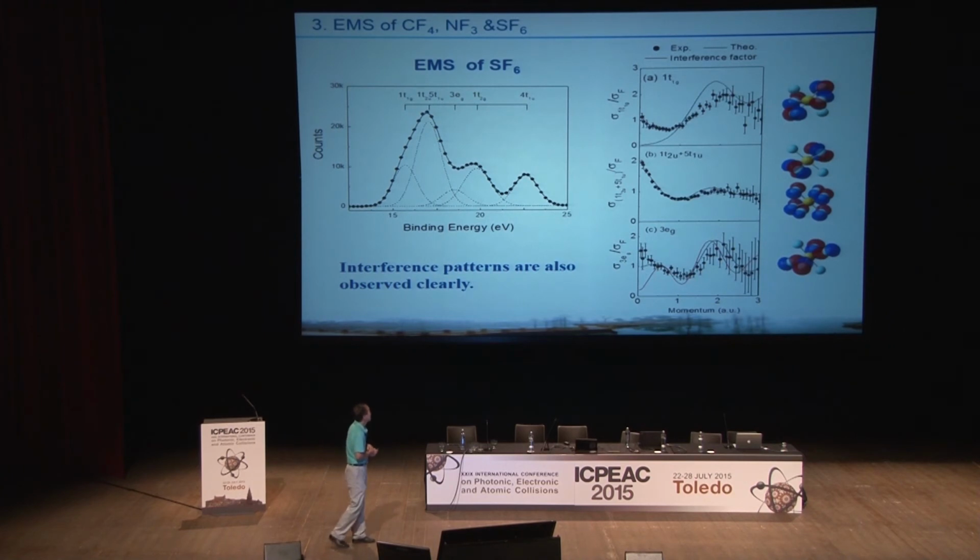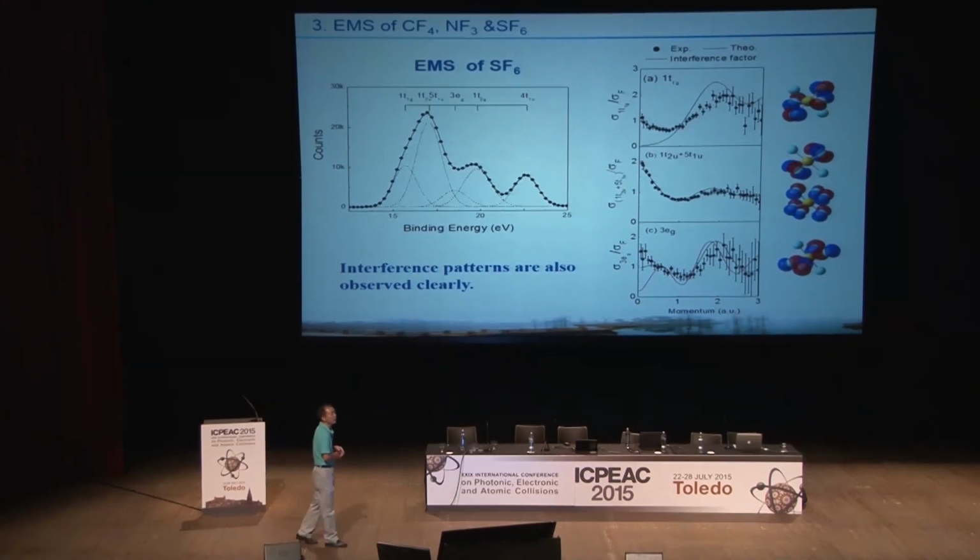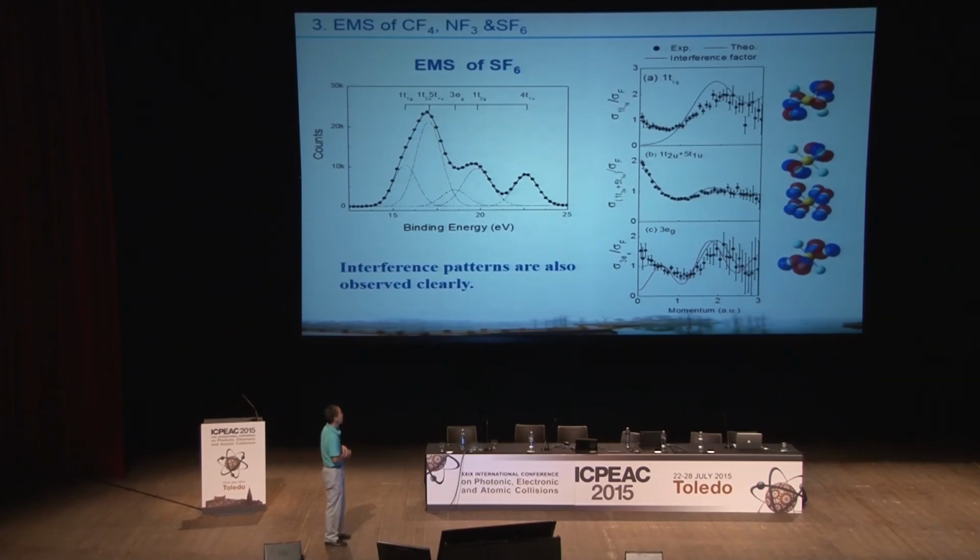This figure also shows the interference factor. One can see the interference patterns are also observed clearly. So we can use the EMS experiment to observe the two-center Young-type interference effect, and also to observe the multi-center interference effect.